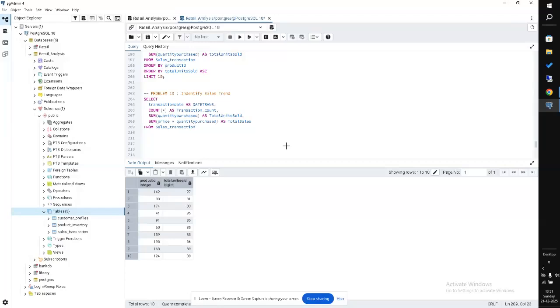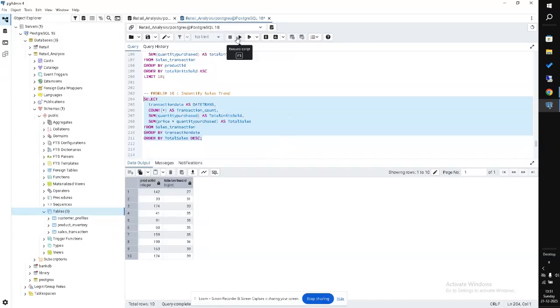That's it. Group by transaction date and order by total sales in descending order.